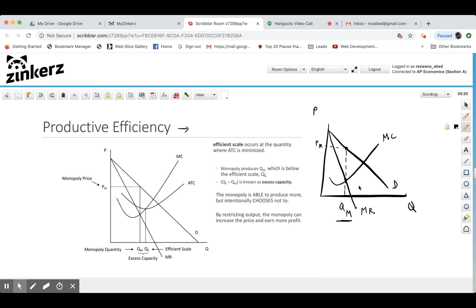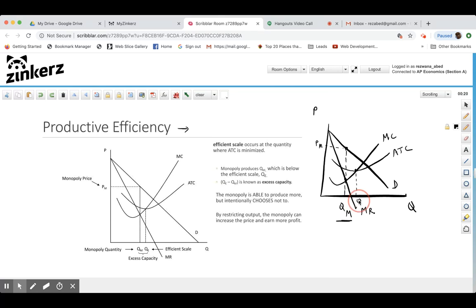Okay, and then we could just draw in the average total cost curve, which looks something like this. Okay, and if the monopoly had been producing at the minimum of the average total cost, right, it would be somewhere over here, which would be this quantity.